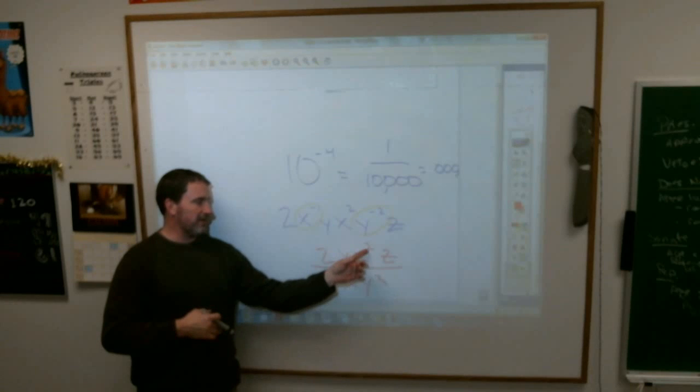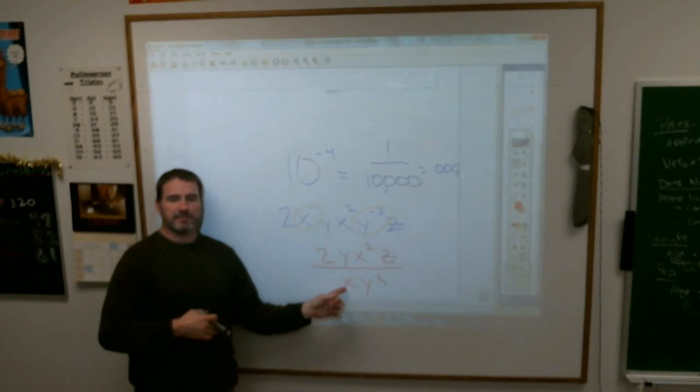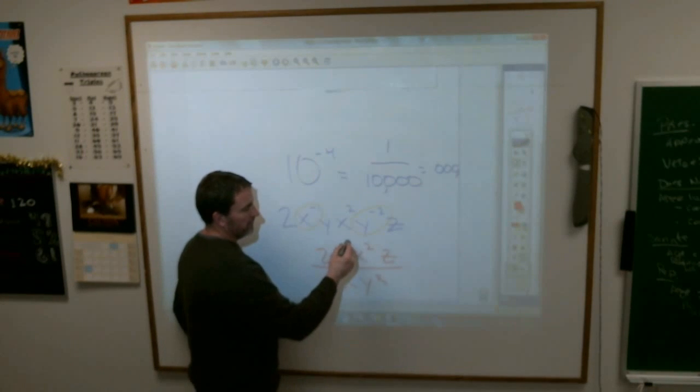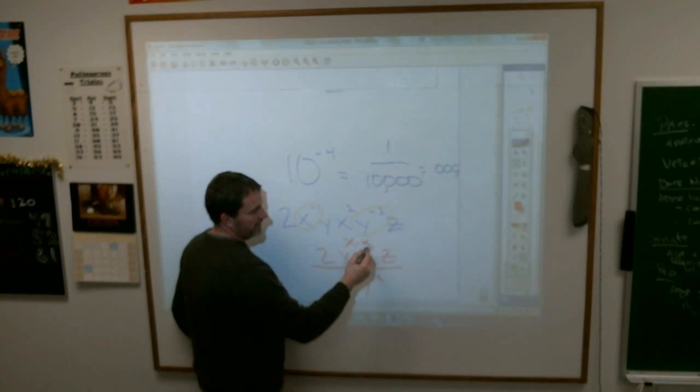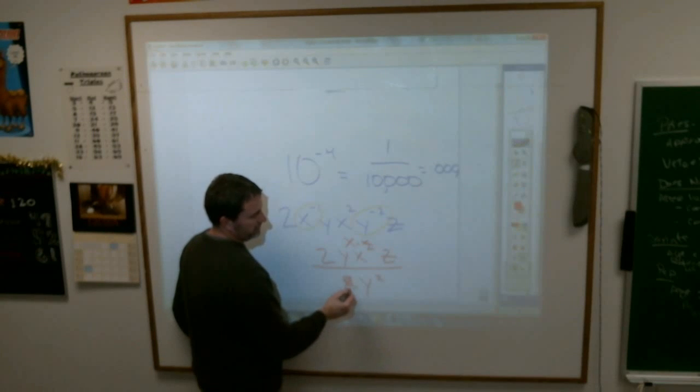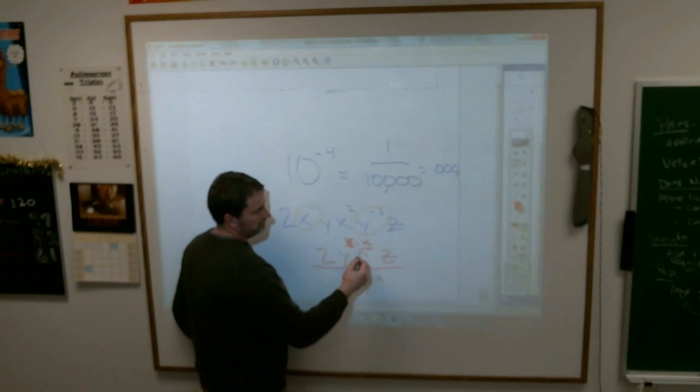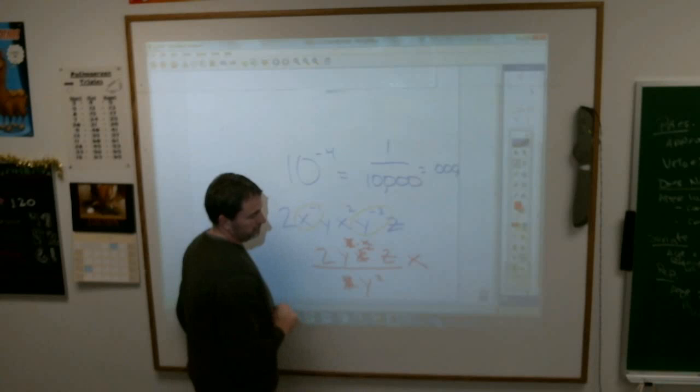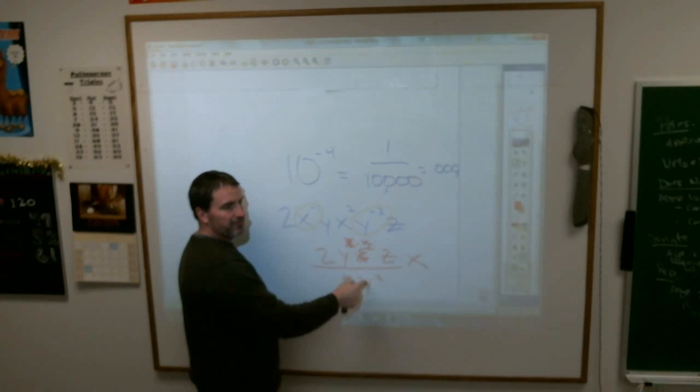What happens if I have x times x on top and 1x on the bottom here? Kels? Yep. Okay. X squared means x times x. One of these x's crosses off with one of the x's on top, so I'm left with an x on top. What about the y's? What's going to happen? Sammy?